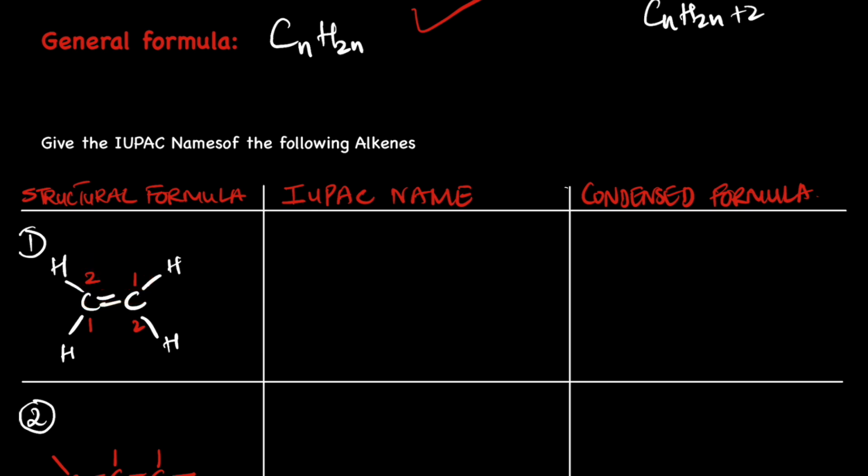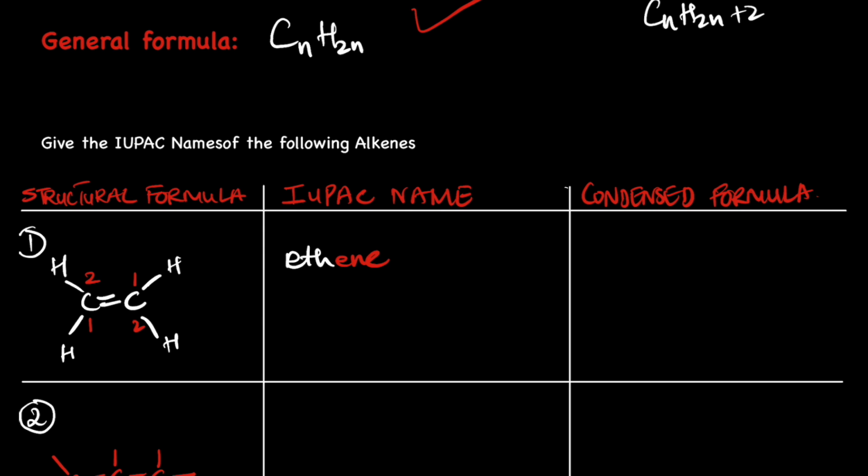So the name of this one, since it's two carbons, you're going to say it's eth, right? And then you're going to put the suffix there. So it's going to be ethene.